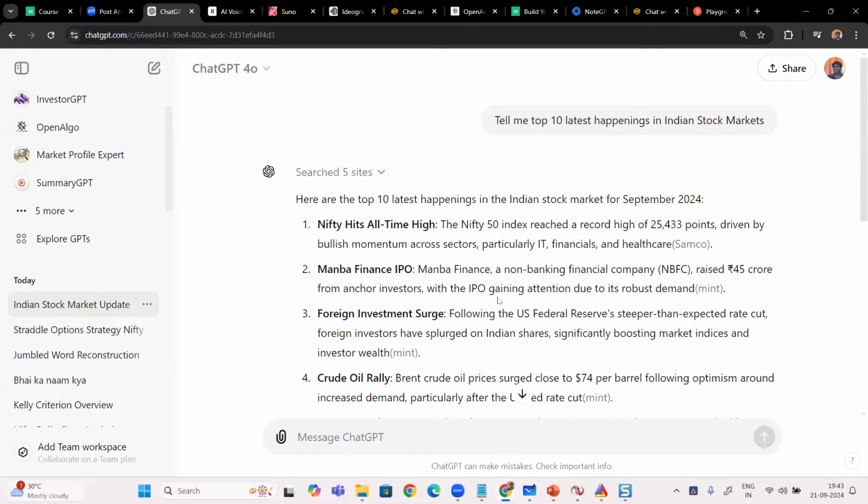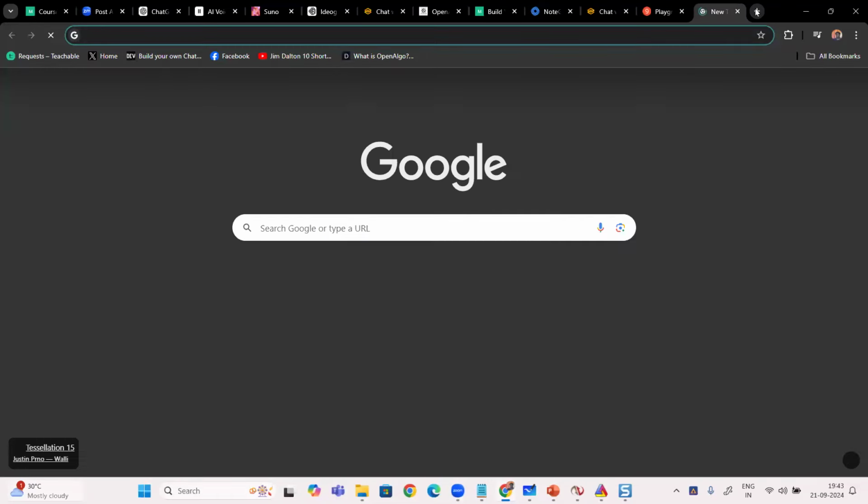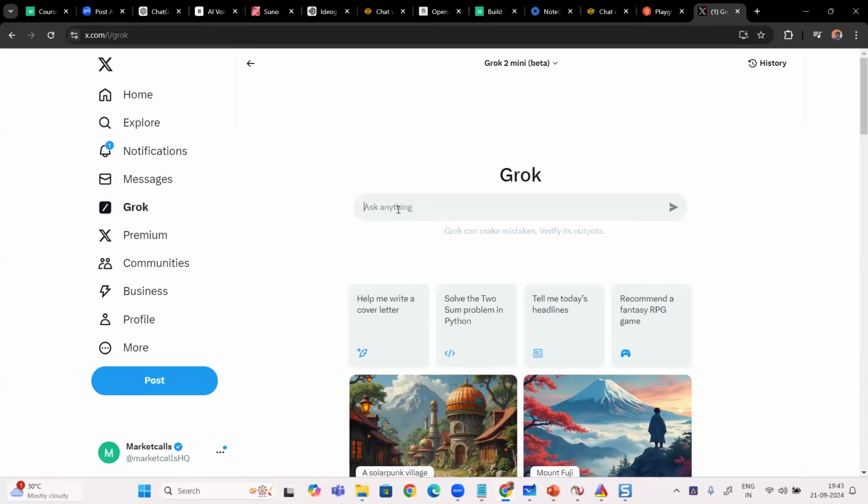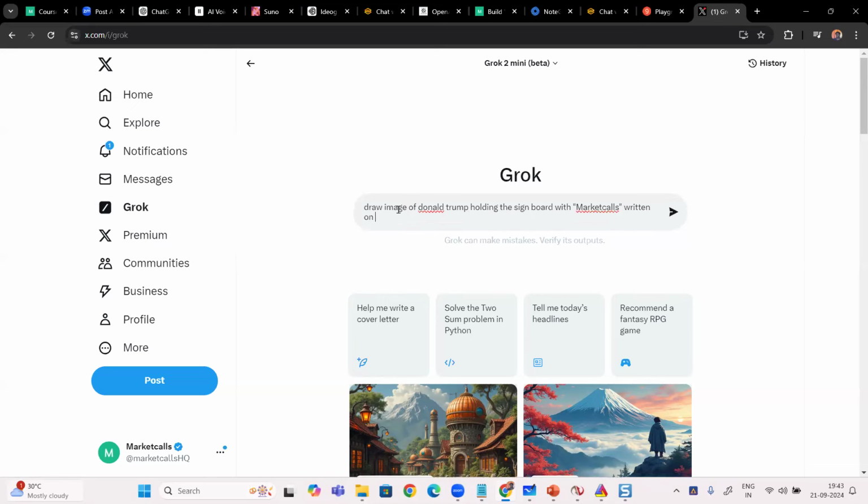So not only here, in Grok also it comes up with answers. Let's say I can go to Twitter or X platform. If you already have a premium account, you'll be eligible to access the Grok model as well. So here also you can say, draw an image of Donald Trump holding the signboard with market calls written on it.